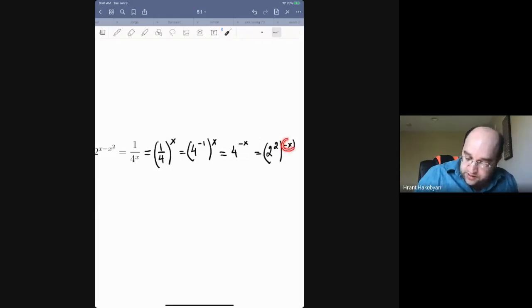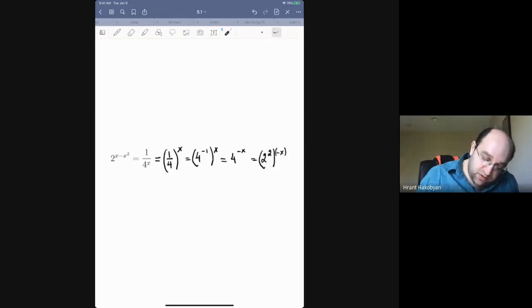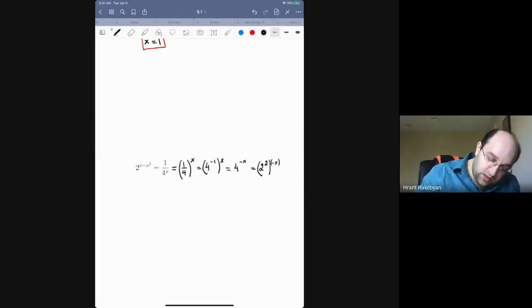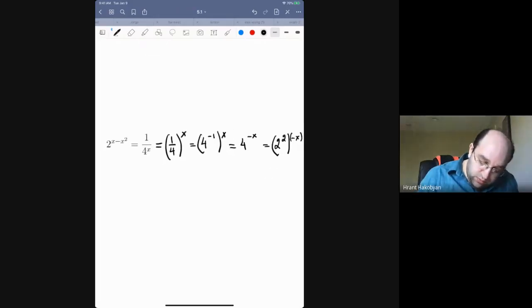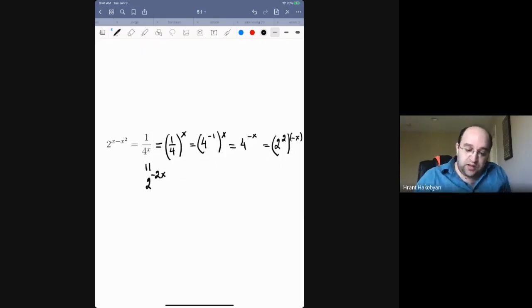The power is negative x overall, but inside there is the power 2, so the powers multiply. So 1 over 4 to the x is equal to 2 to the power negative 2x, just multiplying 2 and negative x.